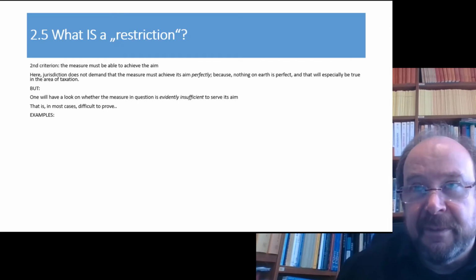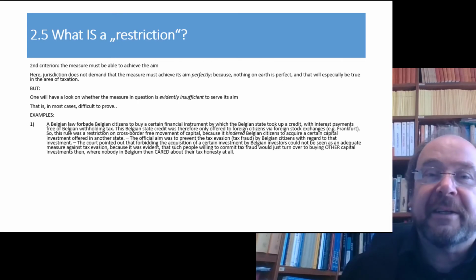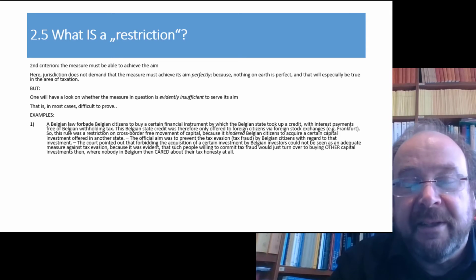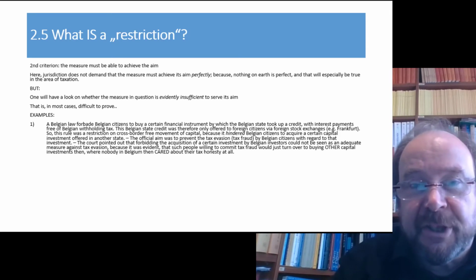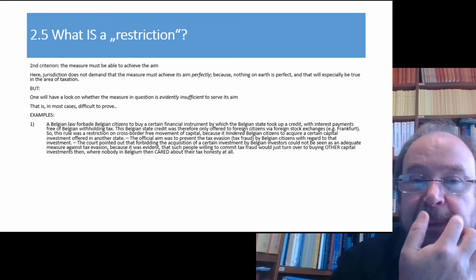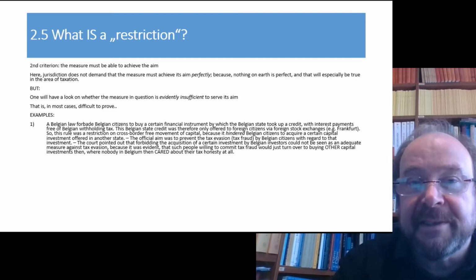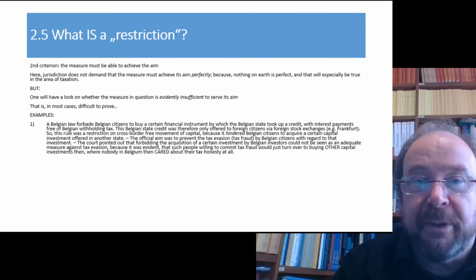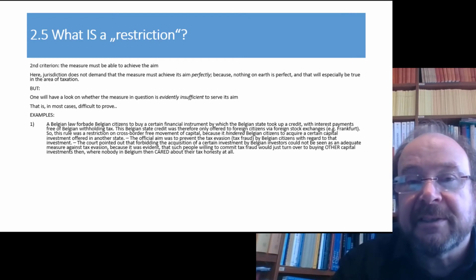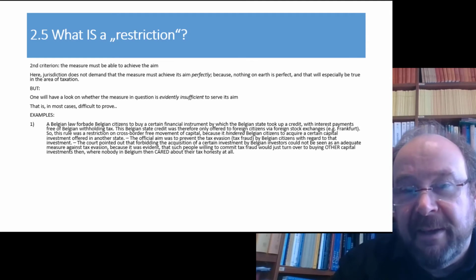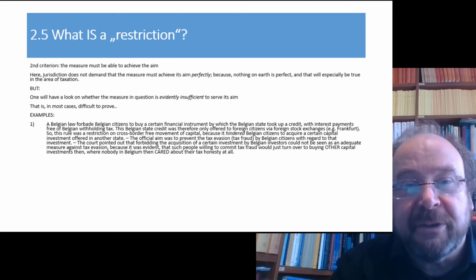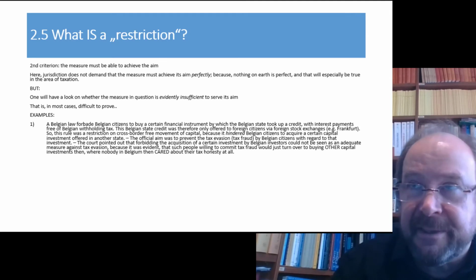That is often difficult to prove, but there are cases when it leaps to the eye that the measure doesn't work as it should. For example, there was a historical case where Belgian law forbade Belgian citizens to buy Belgian treasury bonds, which were offered at the stock exchange in Frankfurt. The reason was the Belgian state paid the interest on that treasury bonds without withholding tax.